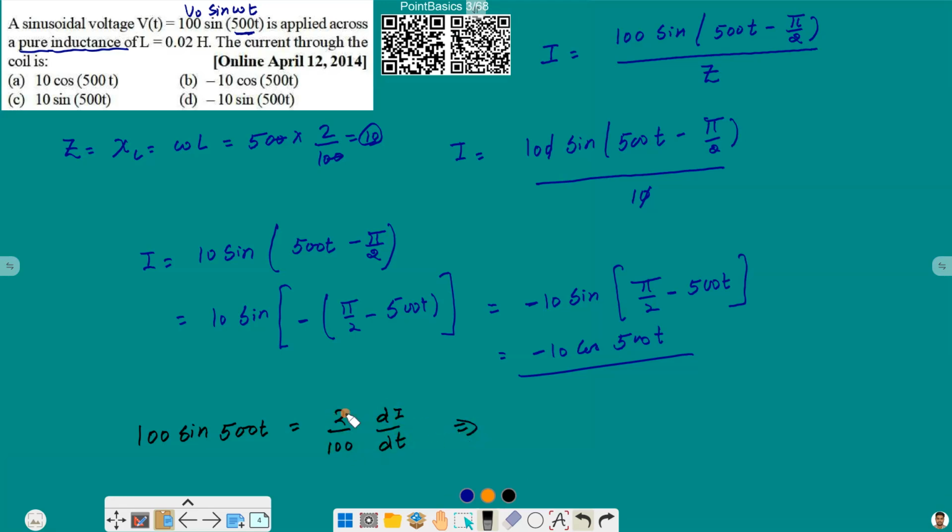From this, di is equal to 50 into 100 into sin of 500t into dt. Now we can integrate it. This term is constant, so we will have the integration like this.